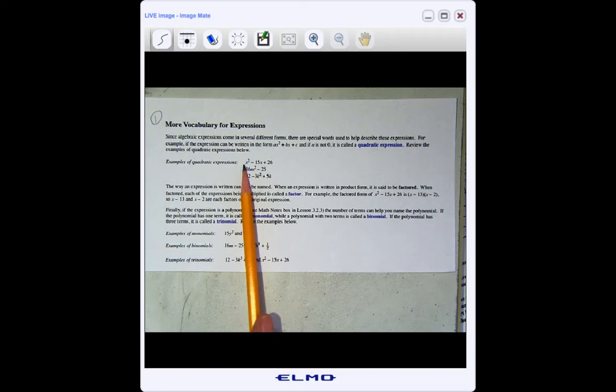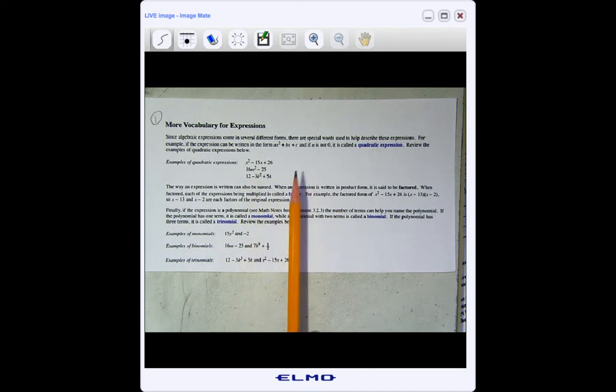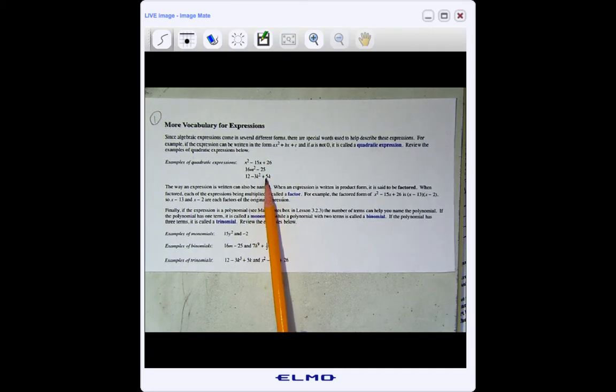The a value would be 1, the b value -15, and the c value would be 26. Is this also a quadratic? Yes, it is. The a value is 16. It doesn't have to have a middle term. It could just be 0x, and then -25 is our c value. Okay, it could be out of order like this one, but still can be written in this form. So the a value is -3, b value is 5, and the c value would be 12.